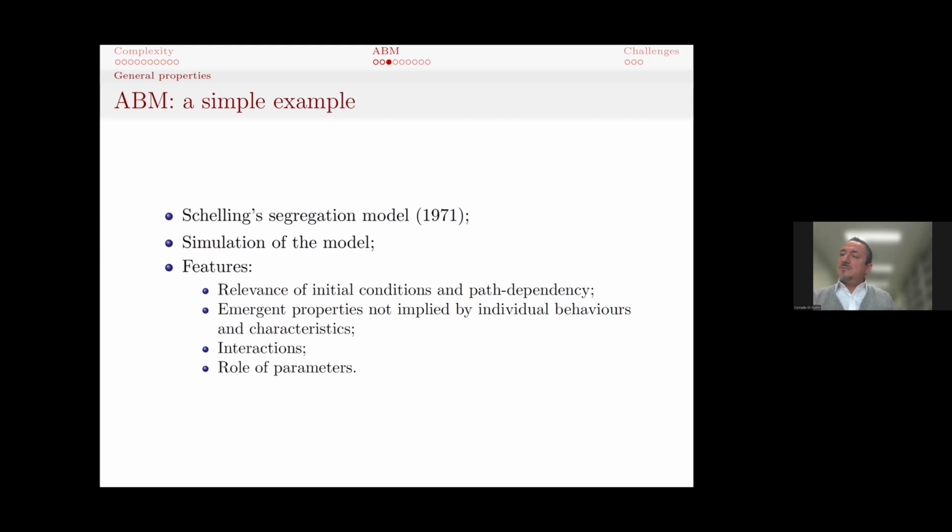We have interactions, because agents keep moving and their movement triggers the movement of other agents. And we saw also how important parameters are. This is probably the simplest example of agent-based modeling that we can observe, but we already have somehow all the elements there.